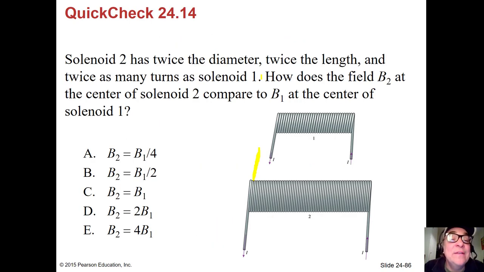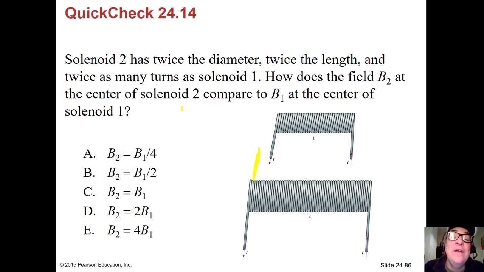Okay, let's take a look at this. Solenoid 2 has twice the diameter and twice the length and twice as many turns. How does the magnetic field of this one compare with the magnetic field of that one? Well, it doesn't matter the diameter being twice as big. The diameter is not in the formula. Solenoid 2 down here has twice the length and twice as many turns. But that means it has the same turn ratio.